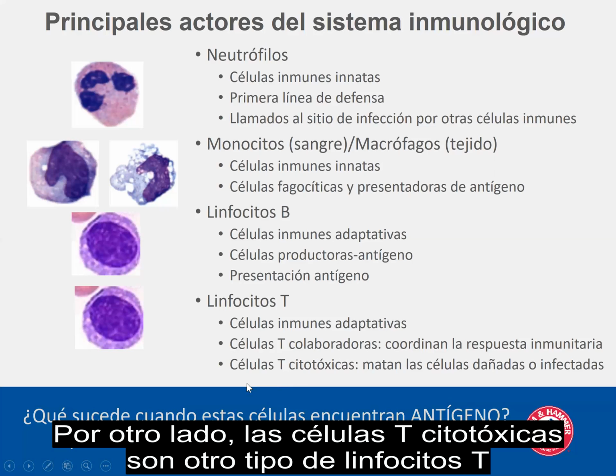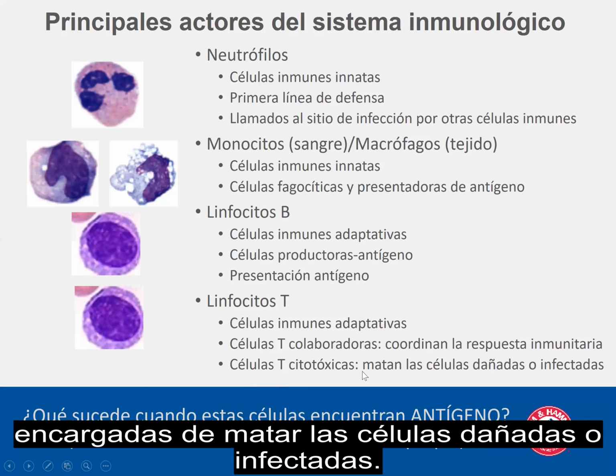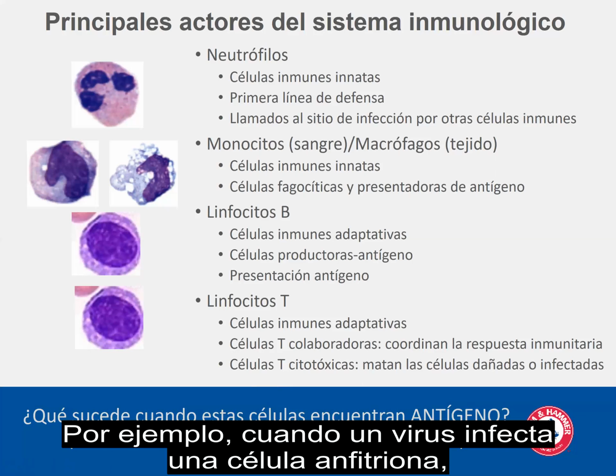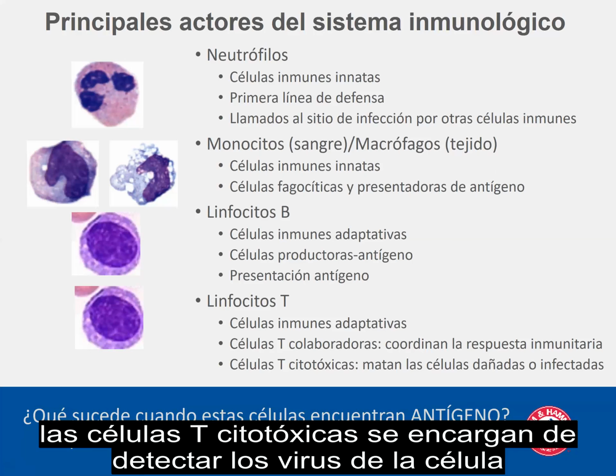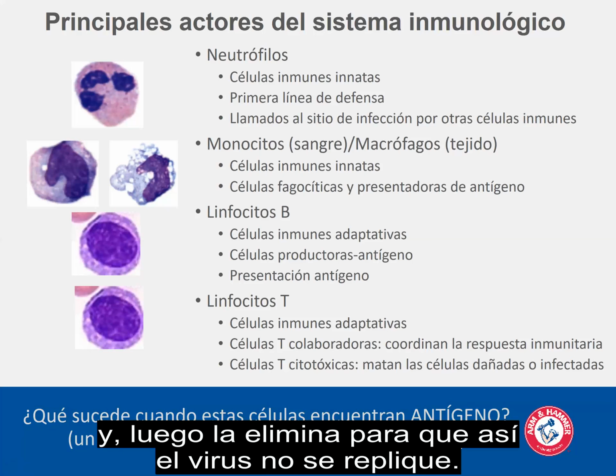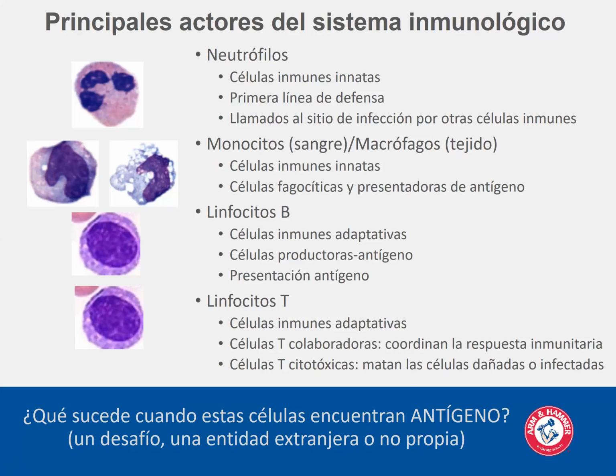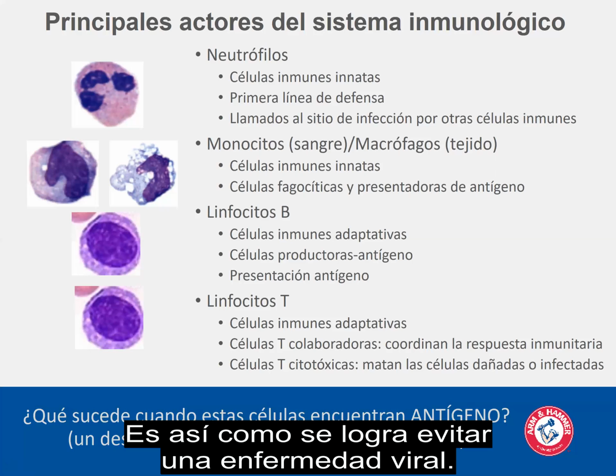Whereas the cytotoxic T cells are a different flavor of T lymphocyte, where they actually kill damaged or infected cells. In the case of, let's say, a virus infects a host cell, the cytotoxic T cell detects that virus is in the cell and then eliminates the cell so the virus can't replicate and cause its viral disease.